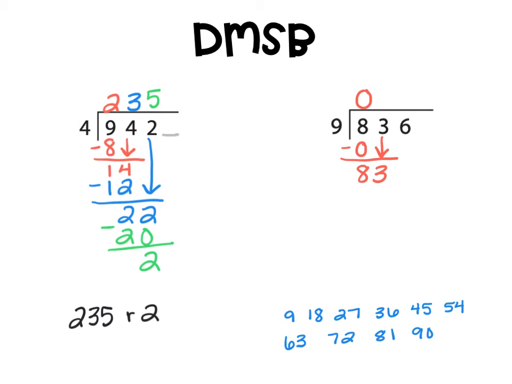Well, I'm going to have to see which multiple is 81 because 90 is too much and 72 is not enough. So if I label my multiples, I know that 9 will fit into 83 9 times. 9 times 9 is 81. Subtract and bring down.